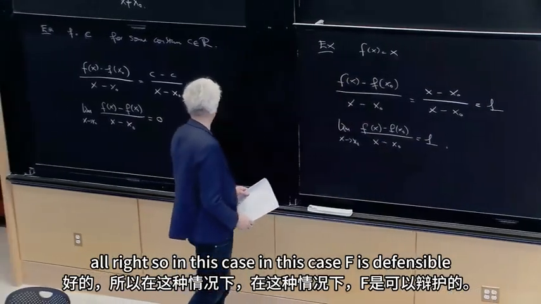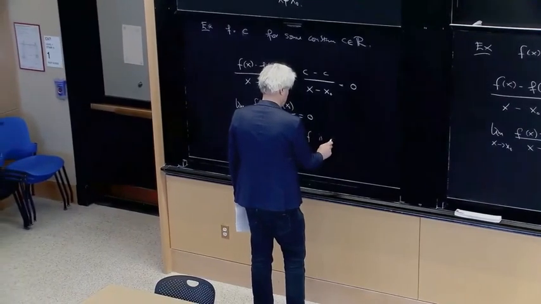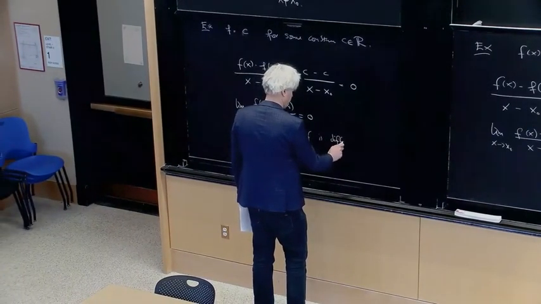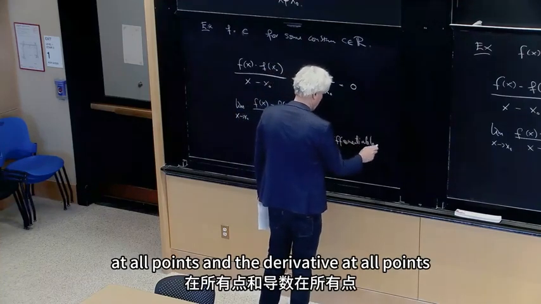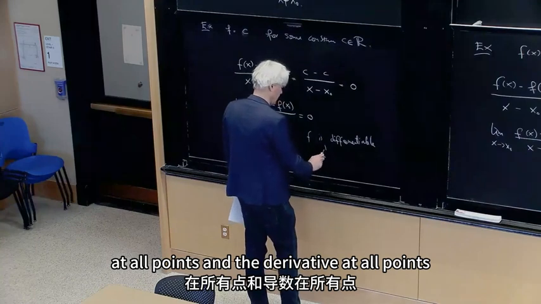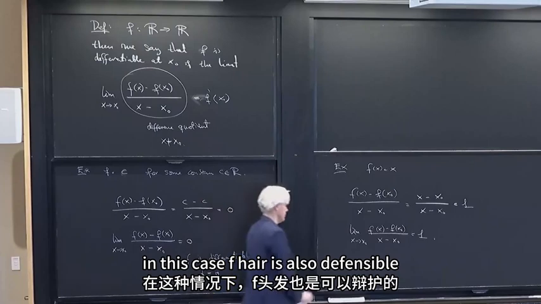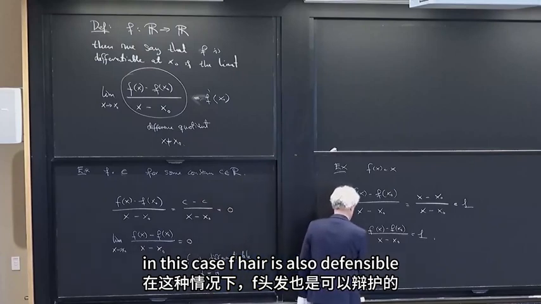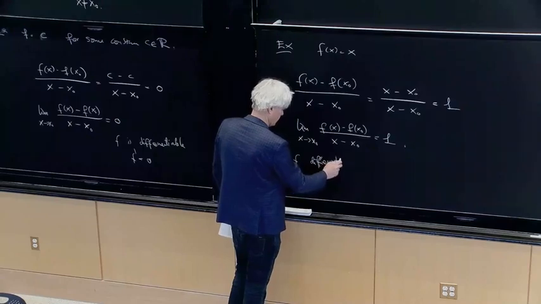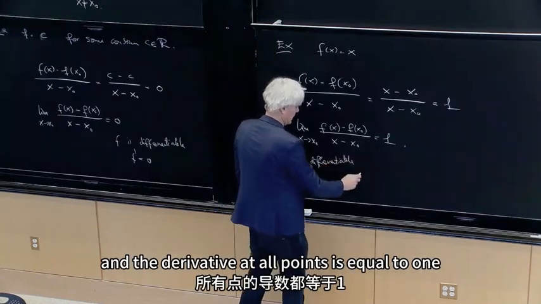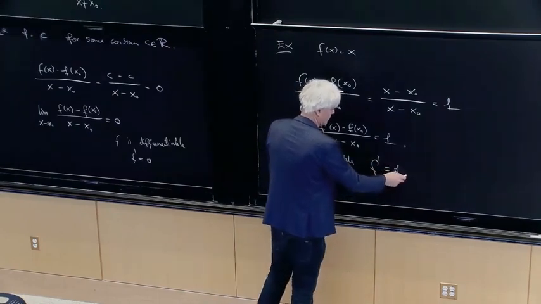Right, so in the constant case, f is differentiable at all points, and the derivative at all points is equal to 0. In this case, f here is also differentiable, and the derivative at all points is equal to 1.